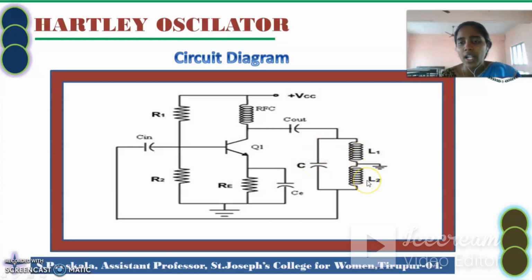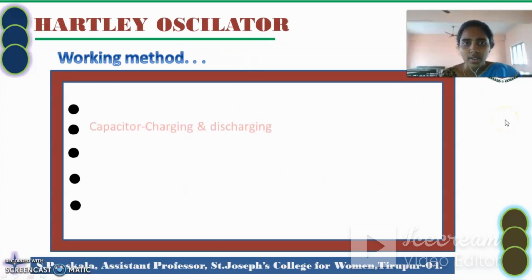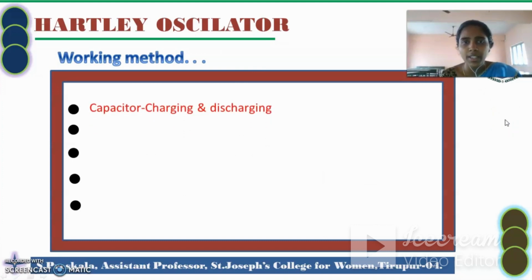Afterwards L1 and L2 conduct each other, and they produce mutual inductance and back EMF. Afterwards from this tank circuit we will get an output, and this output is fed back to the transistor, and afterwards the transistor produces one more input, and this happens continuously, and finally it produces continuous sine wave, which means continuous undamped oscillations. This is the working method.